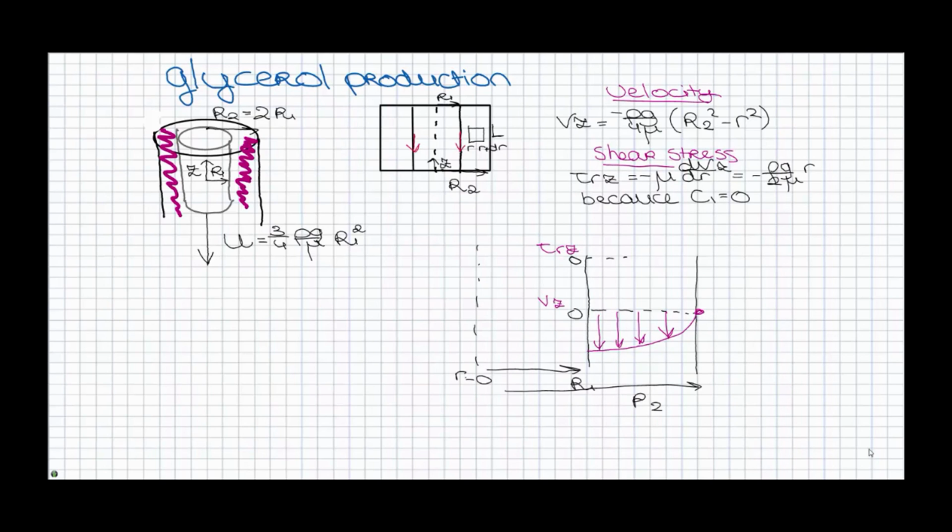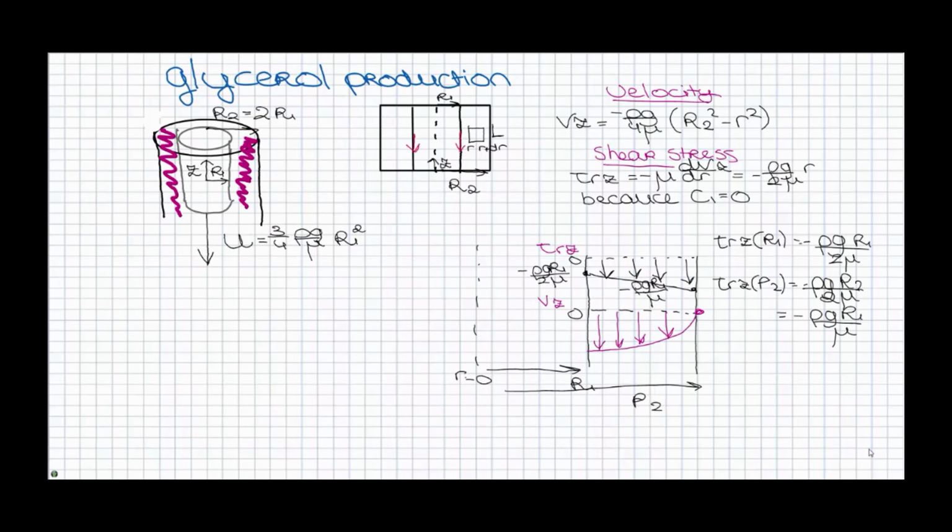The shear stress profile is a linear equation of which, if we fill in for the radius r1 and r2, the shear stress profile is this for radius r1 and this for radius r2. Both values are negative, so the shear stress profile is something like this.